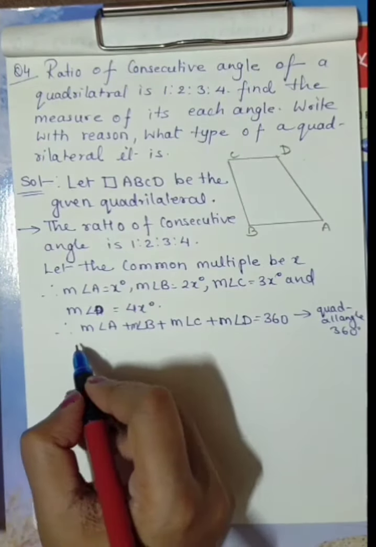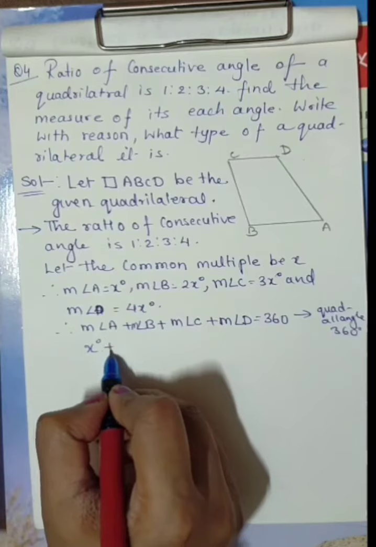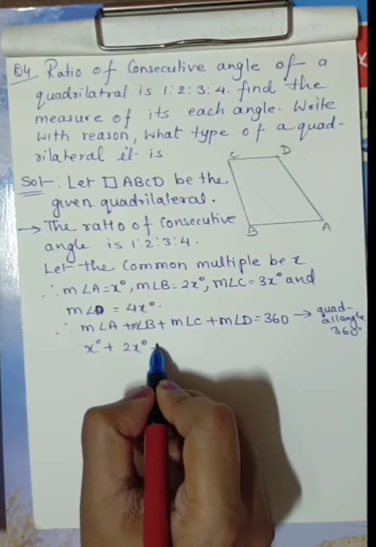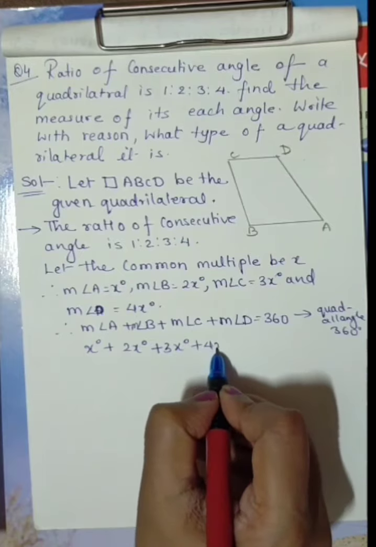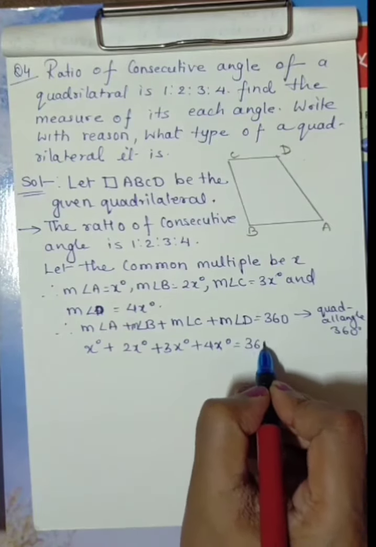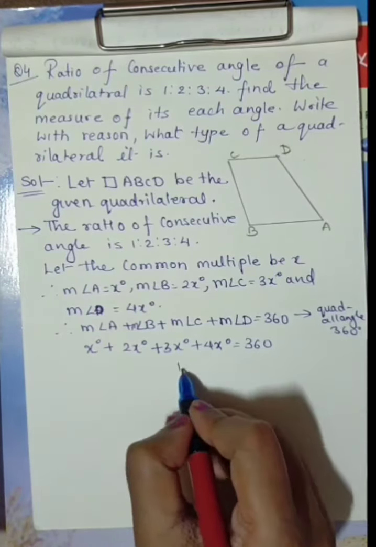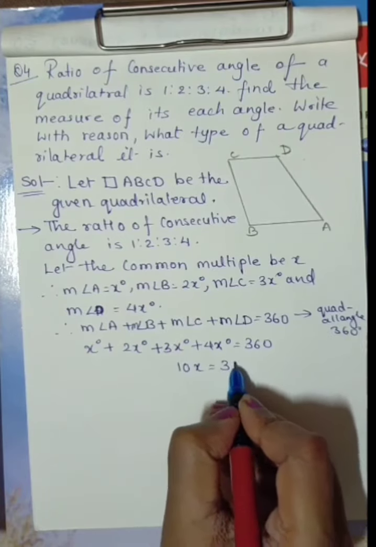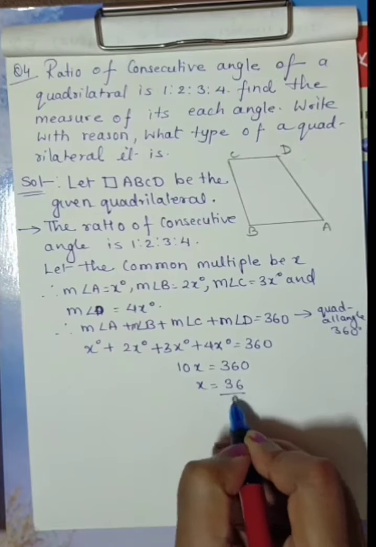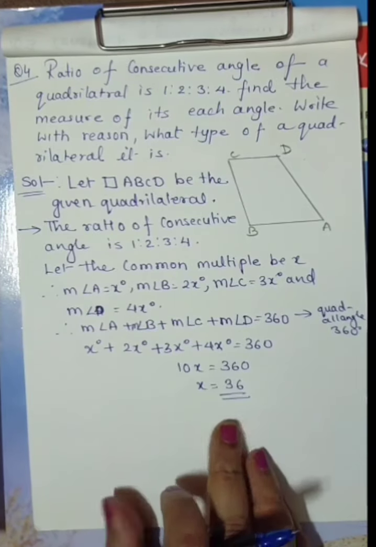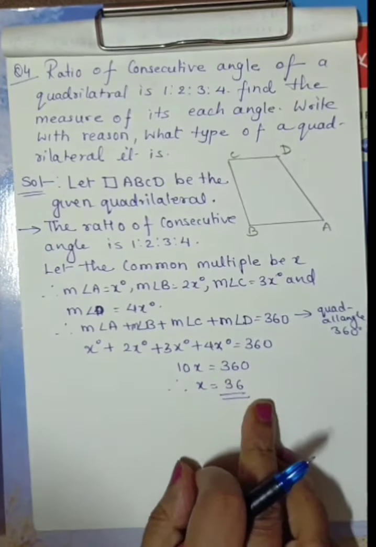Now here we'll take x degree plus 2x degree plus 3x degree plus 4x degree equal to 360. Now after adding all, we will get 10x equal to 360. x is equal to 36. I hope you understood. Therefore x is equal to 36.